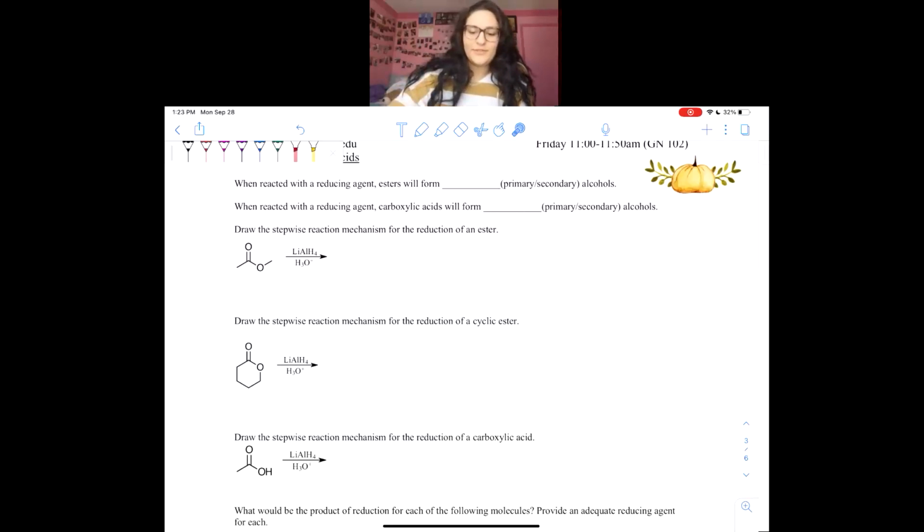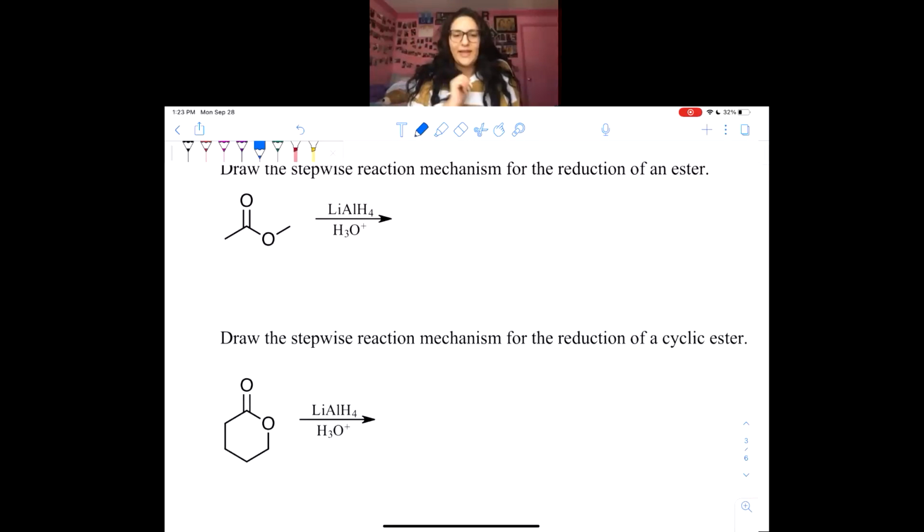Yep, and pretty much everyone in the chat said it's because it's stronger. And the reason that we need a stronger reducing agent is because we have a less reactive electrophile. And so what is our reducing species when we use LiAlH4?